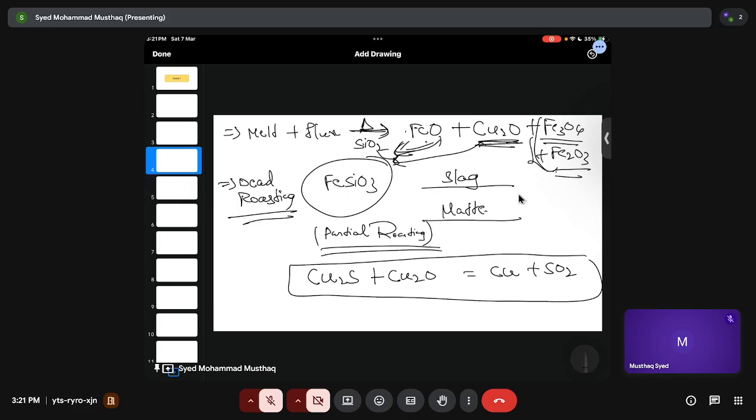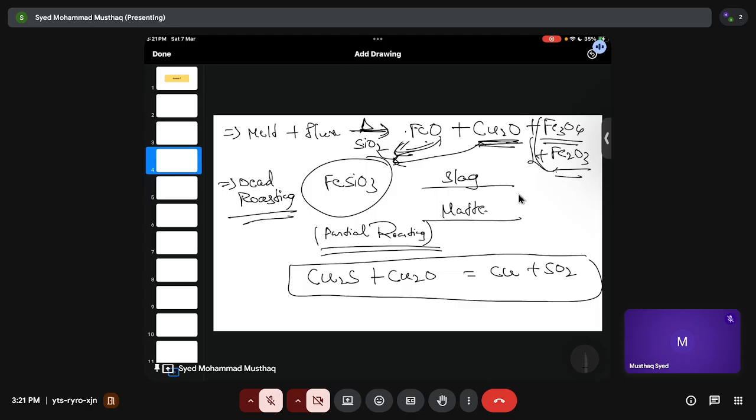You need to maintain certain partial pressures such that this will get oxidized and that will not. In lab scale it is okay, because the system is very small. In industry the system is very large, right? You deal in tons, not in grams or milligrams. In the lab we deal with grams and milligrams, so the system chamber is very small, but in industries that is not the case.